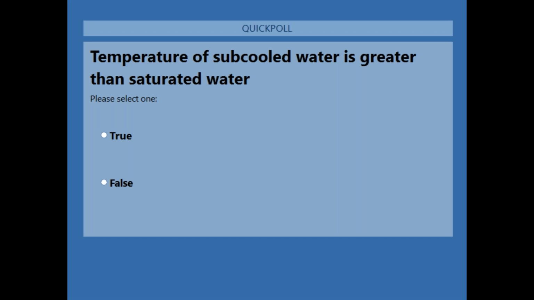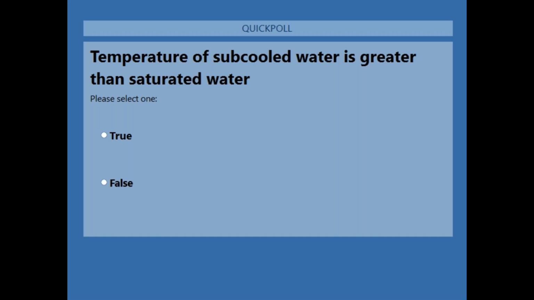So subcooled or subsaturated water means the water whose temperature is lower than the saturated water, because saturated water would be at the corresponding boiling point, the saturation temperature. So the statement that the temperature of subcooled water is greater than saturated water is wrong.